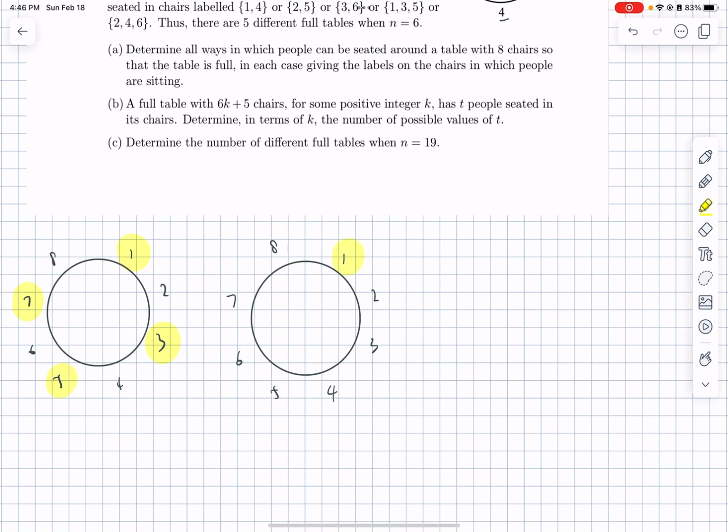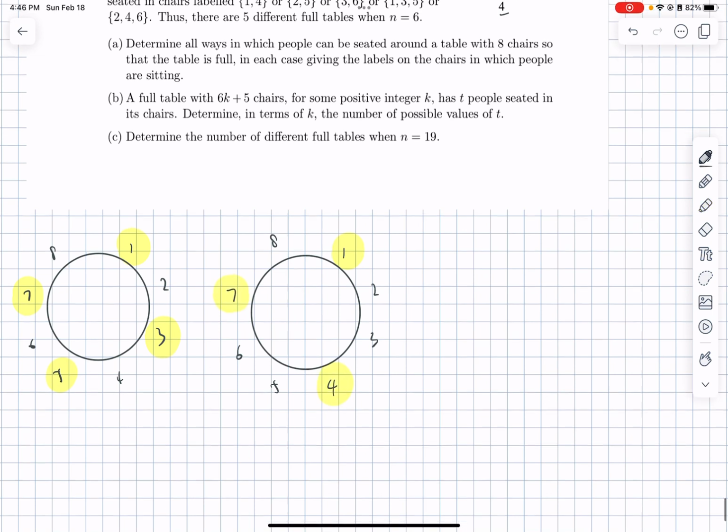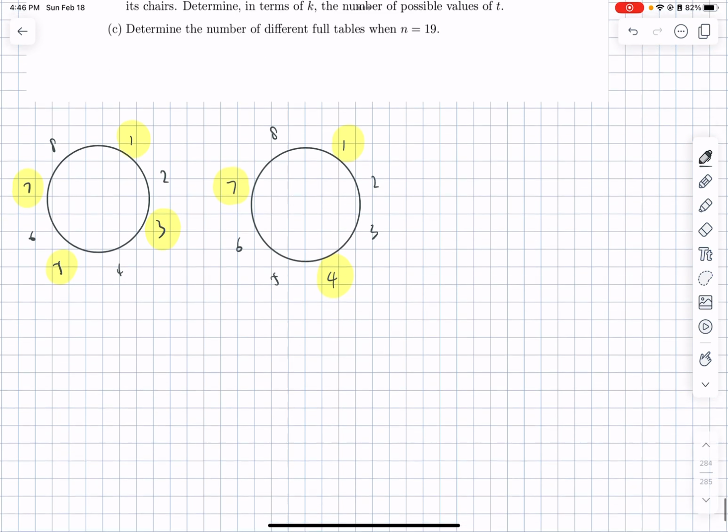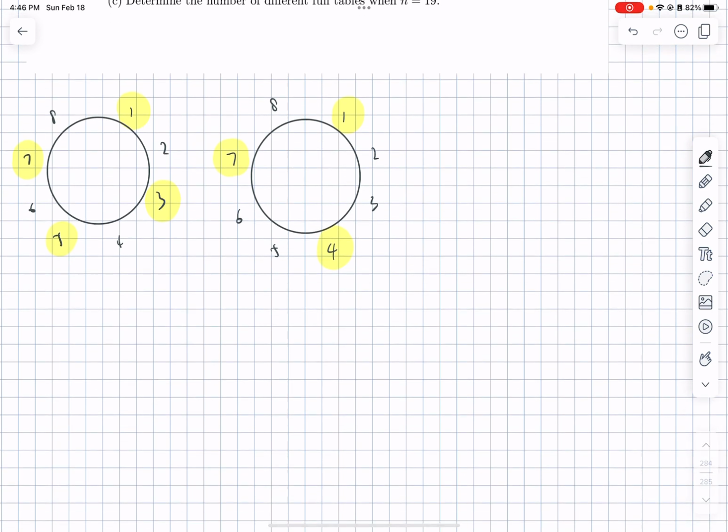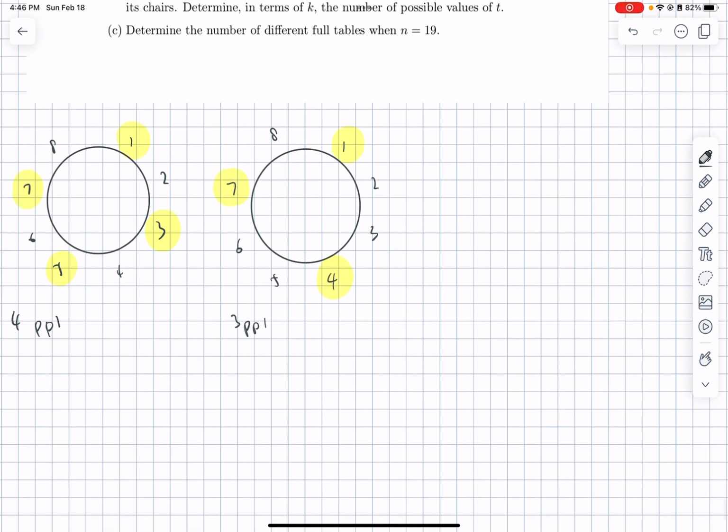So for example, if someone's sitting in 1 and we want the minimum number of people, then it would look something like 1, 4, 7. So in the case where there's 4 people or 3 people, we can't have any more or any less, because if instead of 4 we have someone sitting in 5, then someone can squeeze and sit on 3.